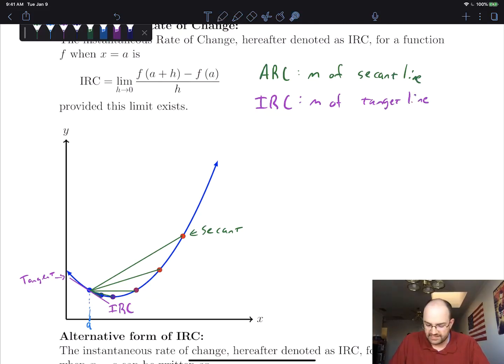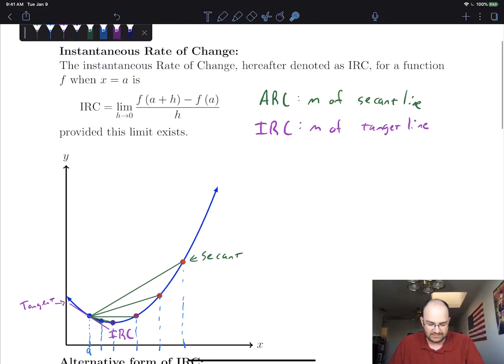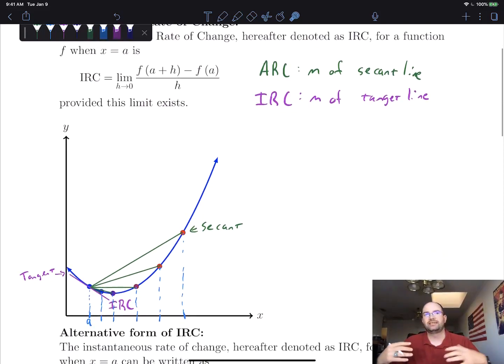And what's important to understand is that the instantaneous rate of change is the average rate of change, but with the difference between each one of these x values shrinking. Notice that this x value is right here, and this x value is right here. As we get closer and closer to this value from over here, this is going to approach this line right here. So that's what the instantaneous rate of change is. It's what's happening at that exact time.